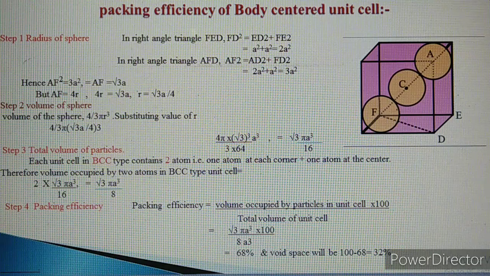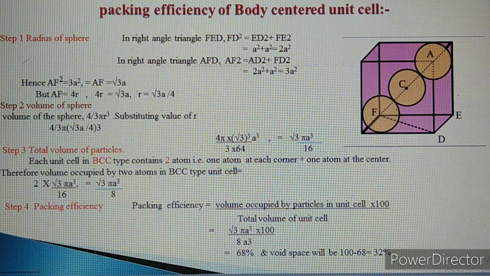Now as it is a cube, all the edge lengths are the same. Small a indicates the edge length. So ED square will be a square, and FE square is also a square. A square plus a square is equal to 2a square. Now in the second right angle triangle, AFD, AF square is equal to AD square plus FD square.